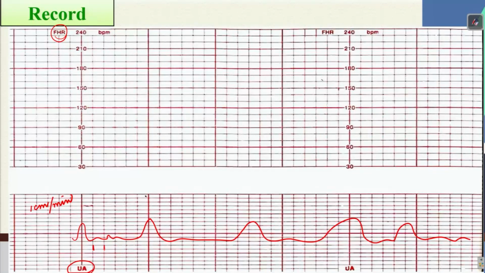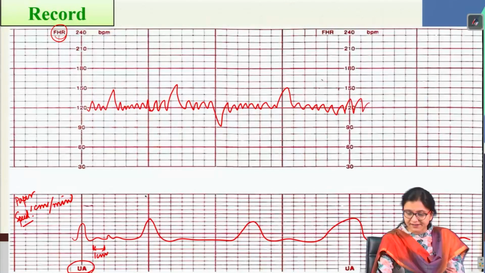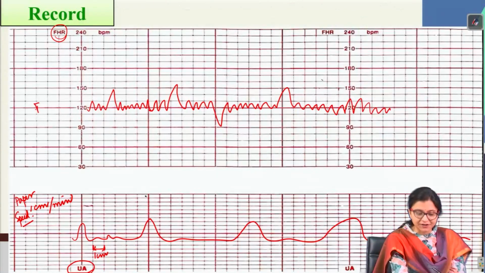So, these are 1 centimeter squares, right. This is the paper speed, and this is the fetal heart rate tracing. It will come like this. So, there will be some accelerations, there may be some decelerations, and these are the fetal heart rate.